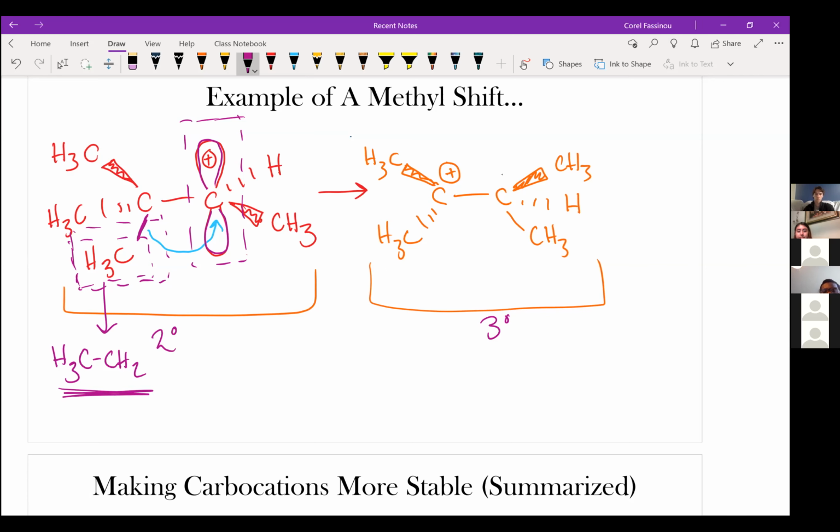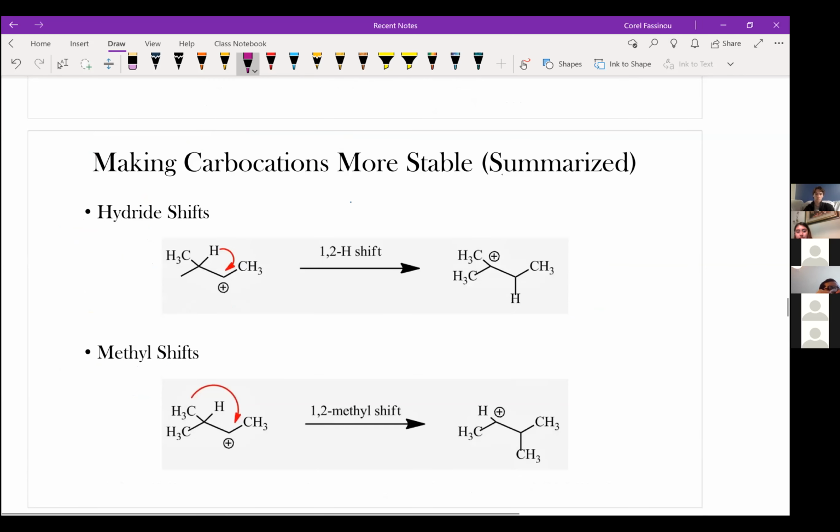Let's summarize what we just talked about. With our hydride shift here, we draw our curved arrow. Remember to draw curved arrows when you're showing these shifts. It's generally better to draw them from the bond onto the carbon that you're trying to move to.